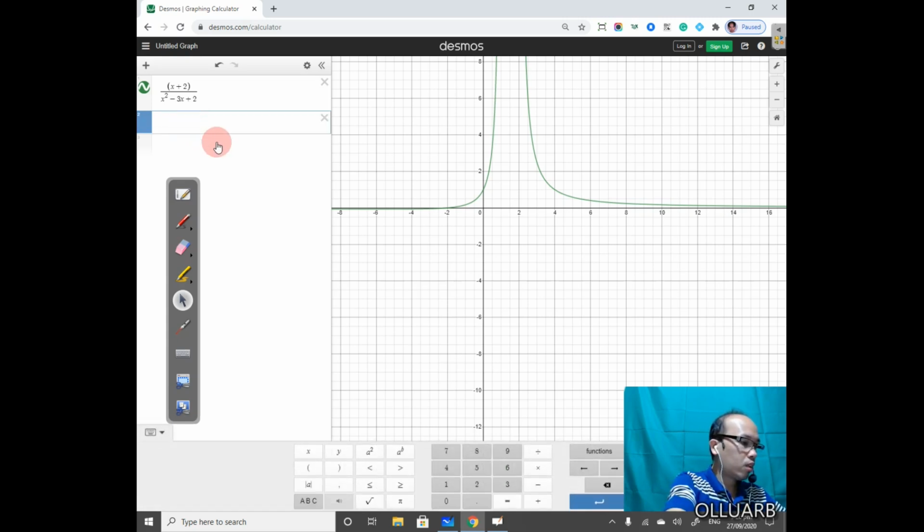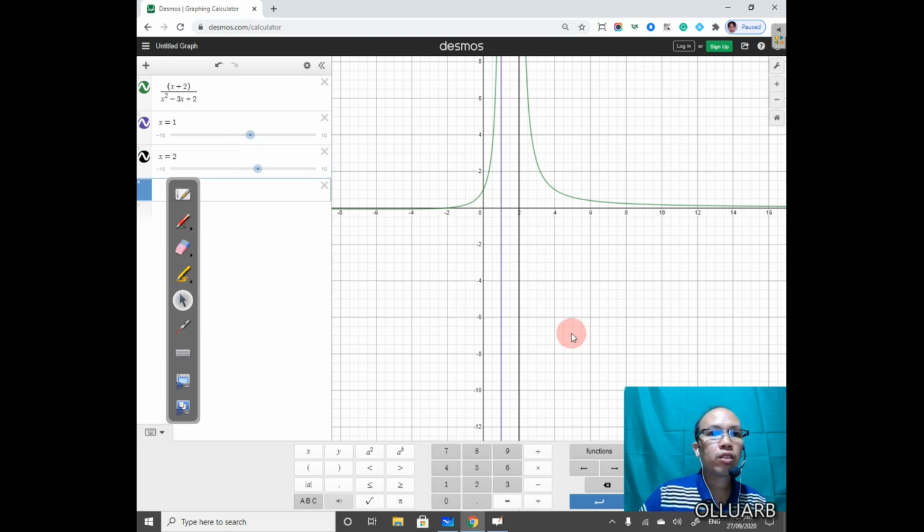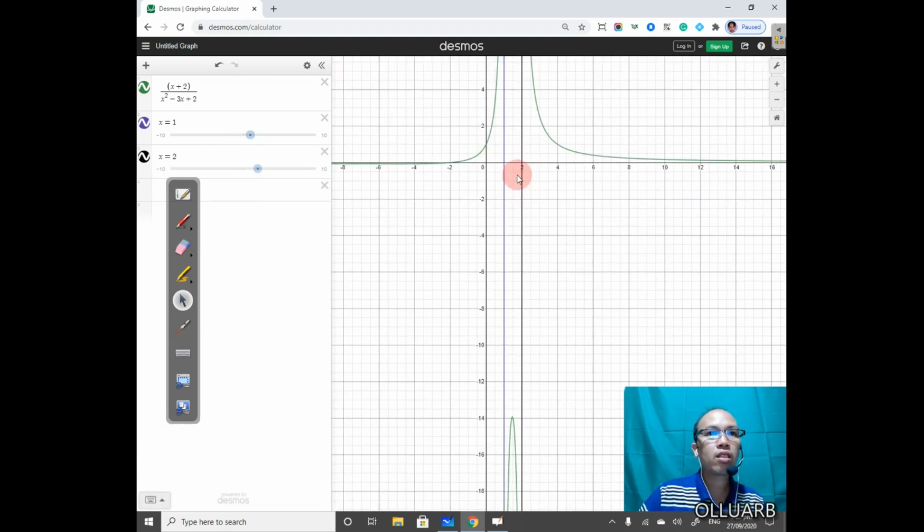We have x equal to 1 and x equal to 2. As you can see, these two values, 1 and 2, are excluded in the domain.